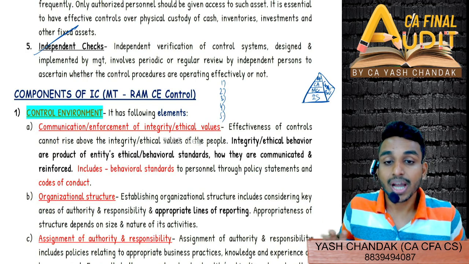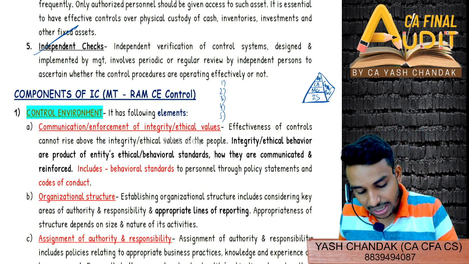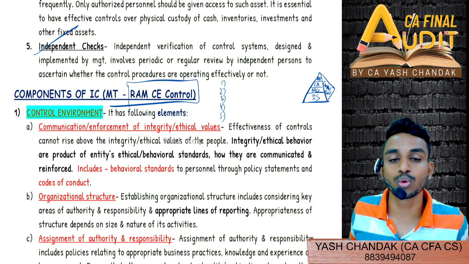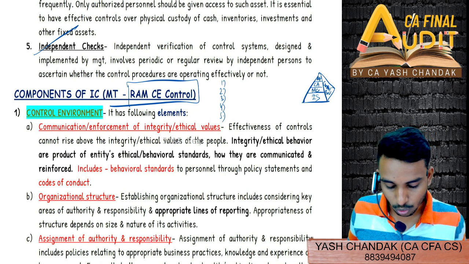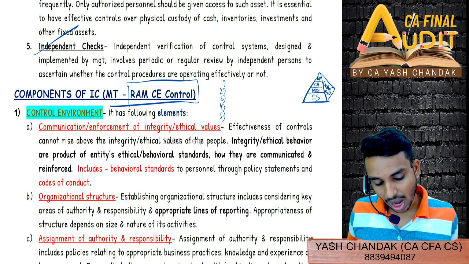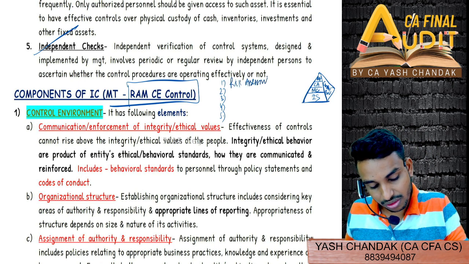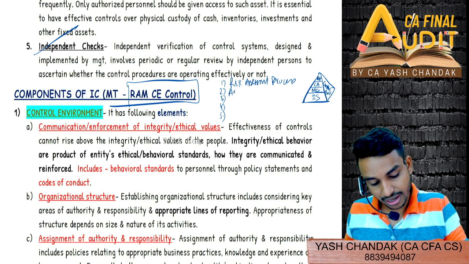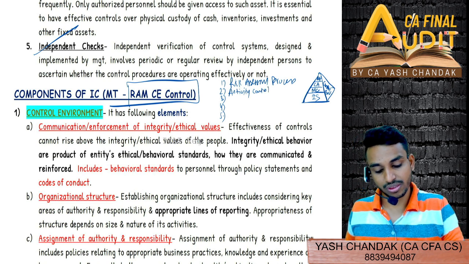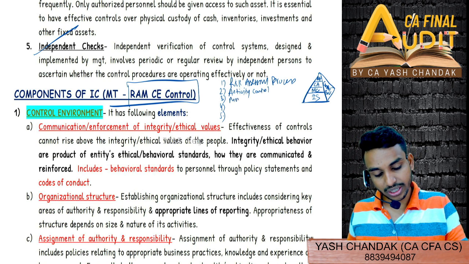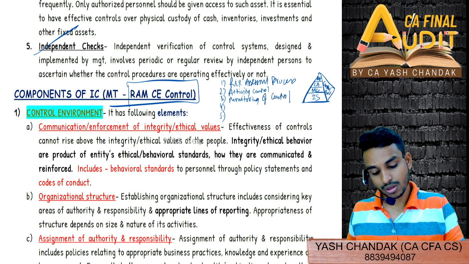These are the 5 components of internal control, which, if you are forgetting anytime, you can go through RAM se control. R for risk assessment process, A for activity control, control activity, or you can say M for monitoring of control, CE for control environment.